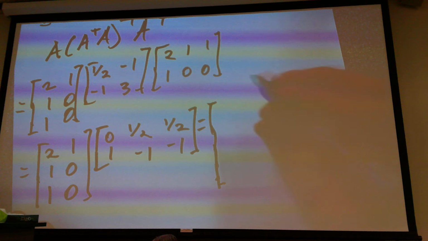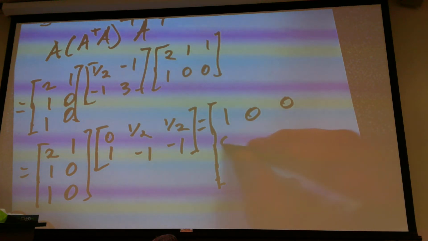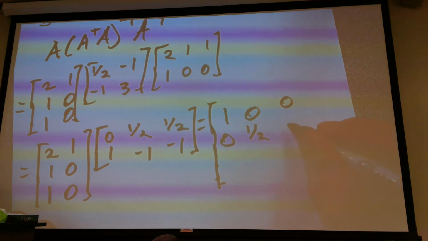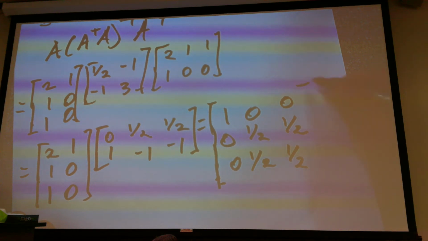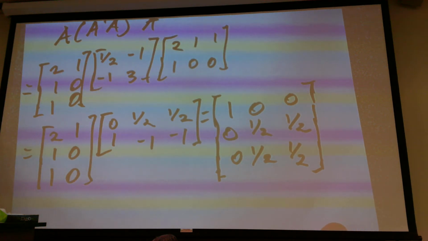Okay, so 2, 1 acting upon 0, 1, that's going to be 1. 2, 1 acting upon 1/2, -1, that's going to be just a 0 and a 0. 1, 0 upon that is a 0. And then we get 1/2, 1/2. And 0, and 1/2, and 1/2. Okay? So that is the projection matrix that we're looking for.